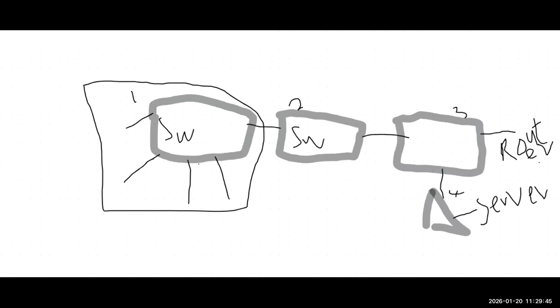Now pay attention. We are going to come across a module on bandwidth later, but take note of this. If the connection coming from this router port here to this switch here, if this port and this port are gigabit ports, that means this router can give you 1000 Mbps, and this switch can also give you 1000 Mbps.